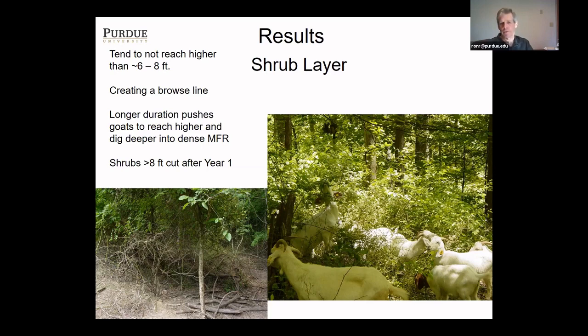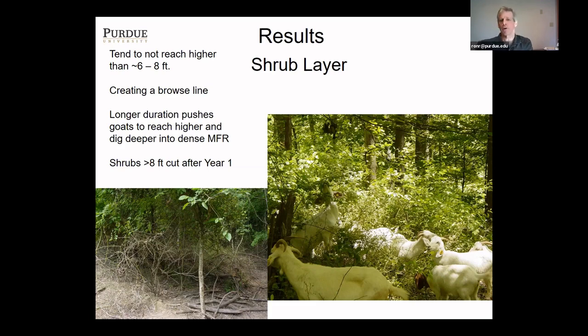You can see in the photograph on the lower left, they create a browse line. And you can see the dense Multiflora Rose shrub there that's completely stripped of foliage. They really dug in deep and pretty much stripped every little bit of green leaf matter.